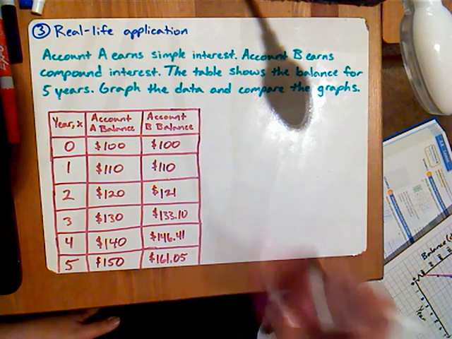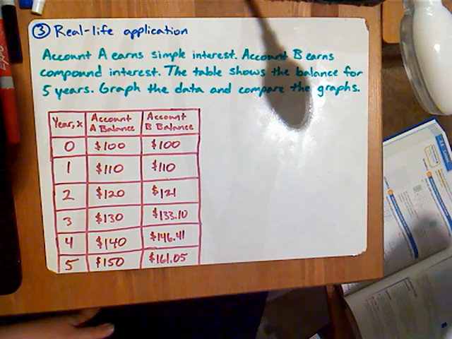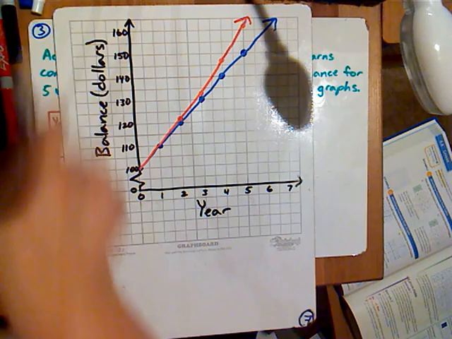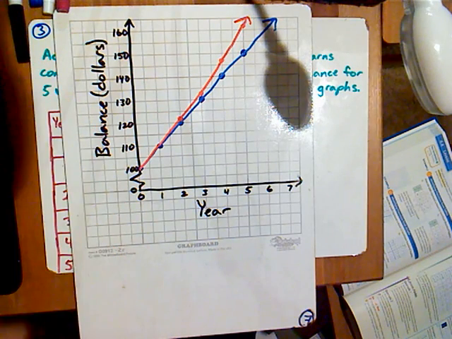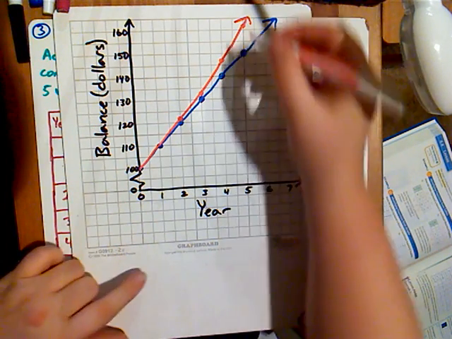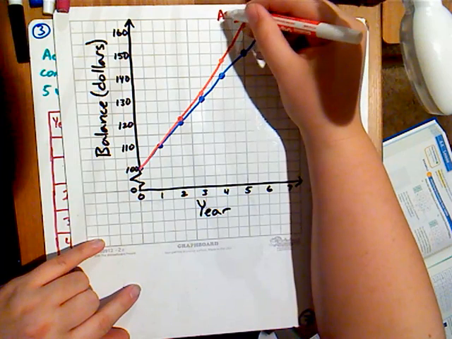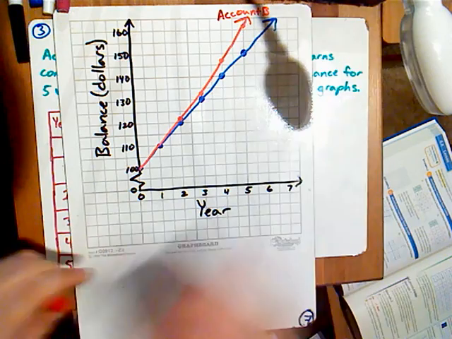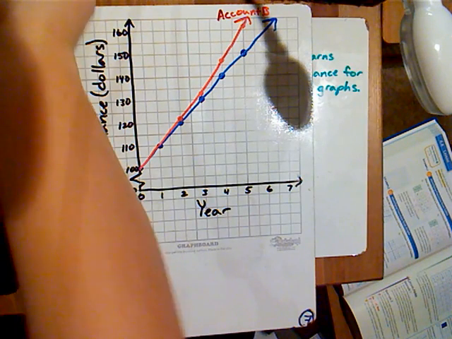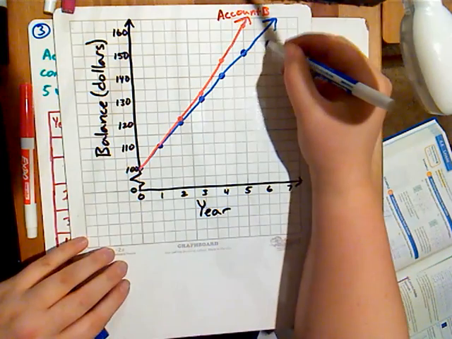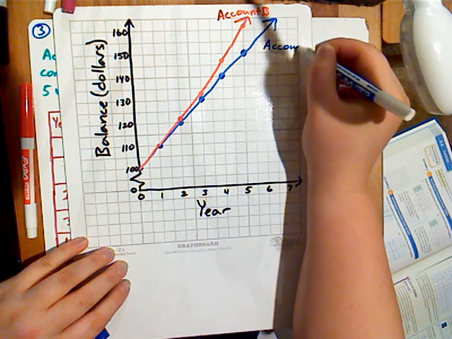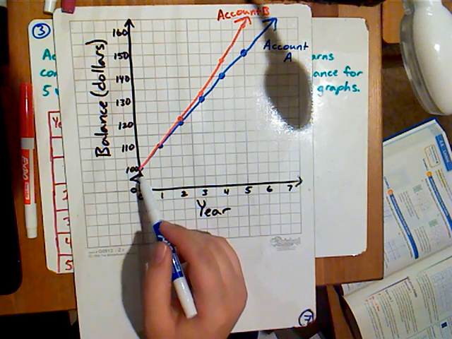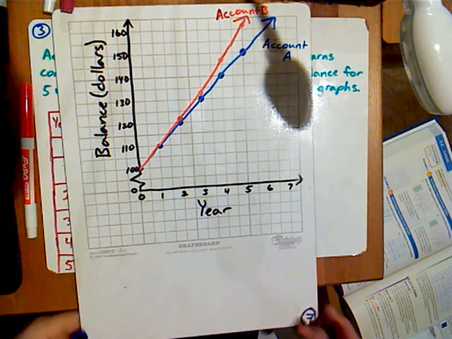So the first thing that we need to do is graph the data for account A and account B. So we get our graph and we graph our points. Our red line is account B, and our blue line is account A. Account A at 0 is at 100.